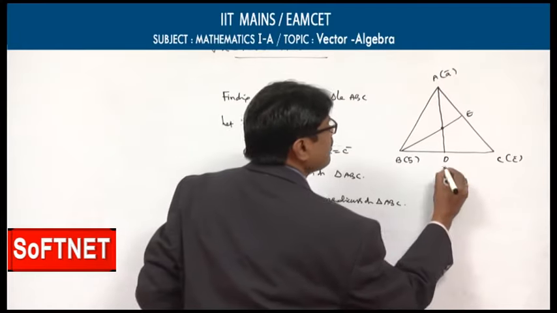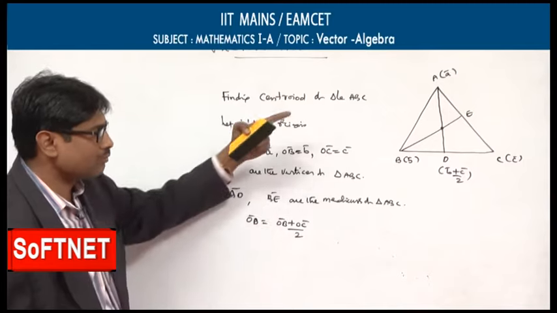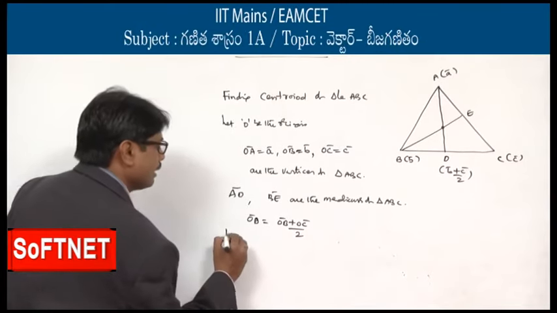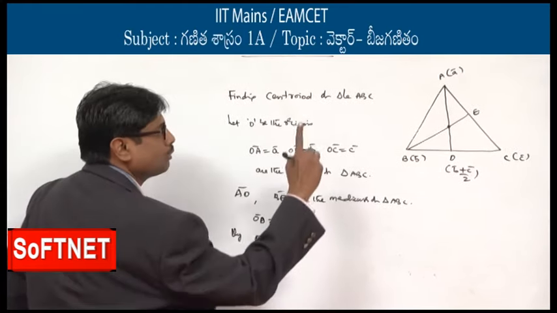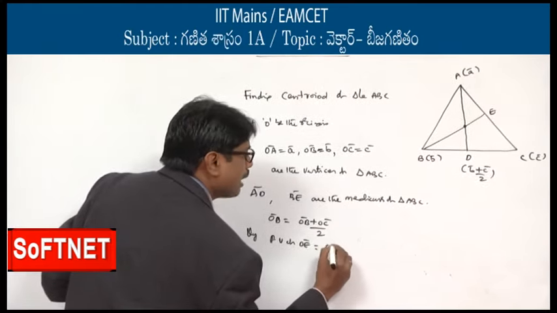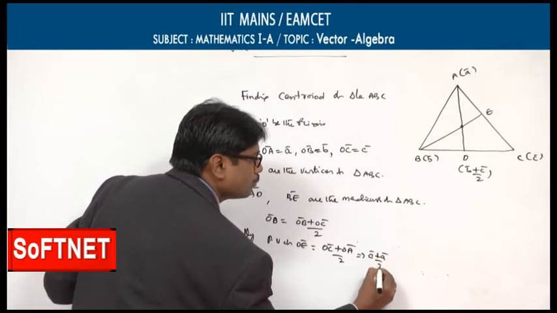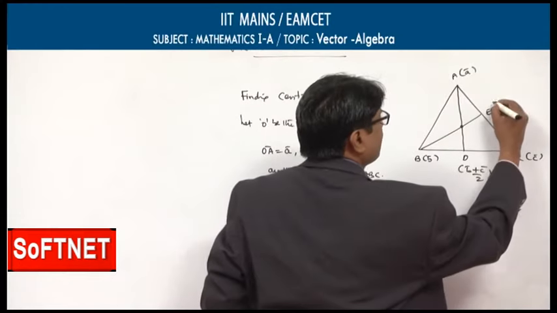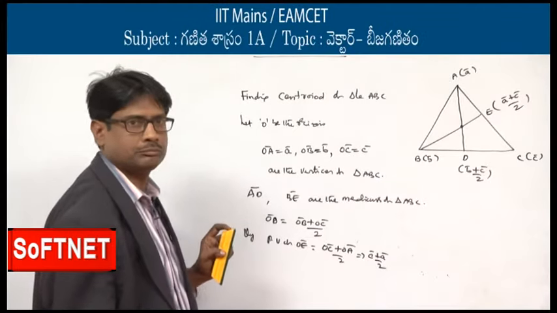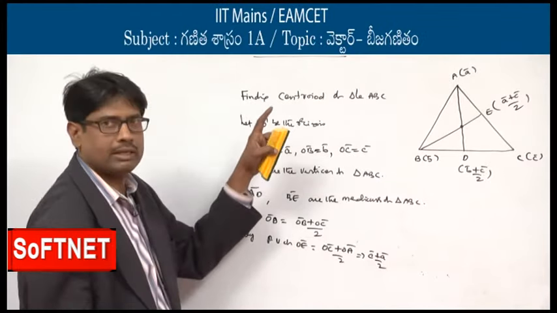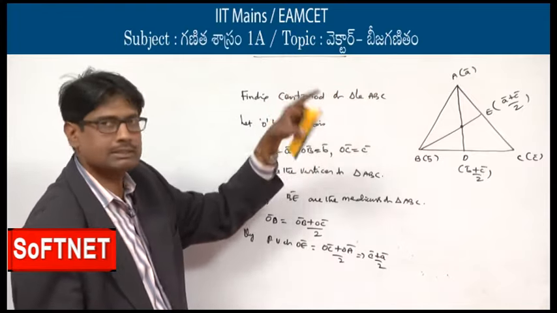In the sense, OD bar will be B bar plus C bar by 2, the position vector of D. Similarly, the position vector of OE bar is equal to OC bar plus OA bar divided by 2, that is C bar plus A bar by 2, and we calculated the position vector of D and position vector of E in triangle ABC. Now our aim is to find the coordinates of the centroid. First we will prove that medians are concurrent, then we will go for the centroid.